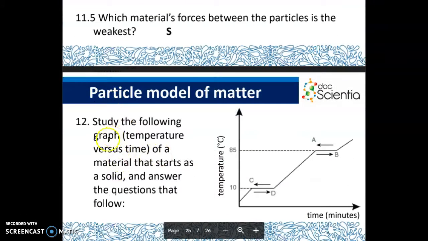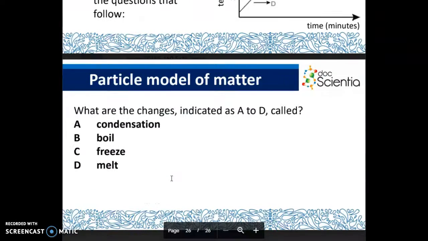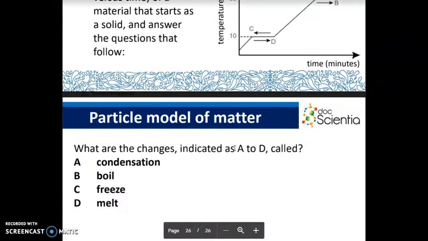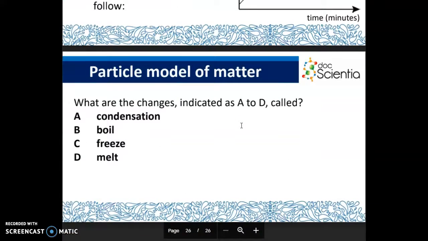Number 12. Study the following graph of temperature versus time of a material that starts as a solid and answer the questions that follow. What are the changes indicated as A to D called? A to D. Is it condensation?